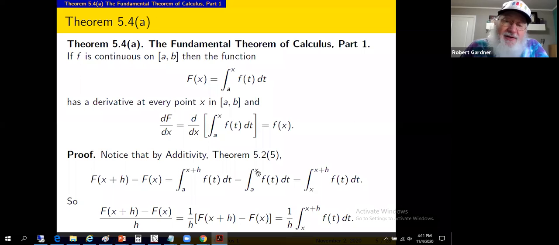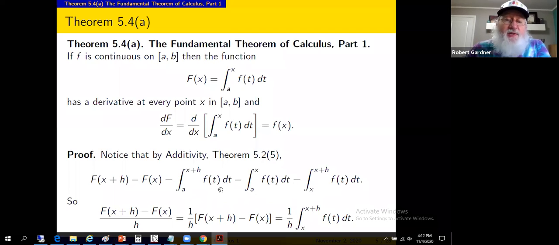The fact that this integral ends where this one begins says, by additivity, that's the integral from a to x plus h of the integrand, lowercase f. So that's what additivity says. Explicitly, we've rewritten it by doing some subtraction here.